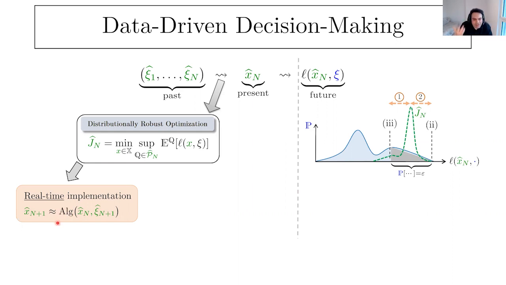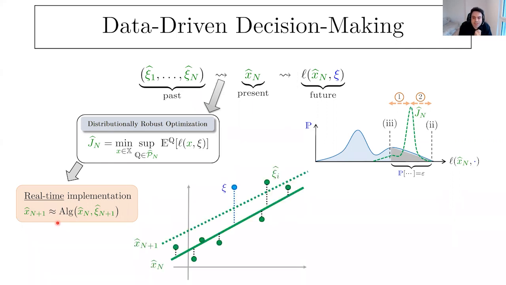Just to flash back to the basic example: remember this curve fitting. Imagine that you already have these points. What real-time implementation wants to address is that now that I have a new data point, can I update my hyperplane with this new data point without processing all the other data points?